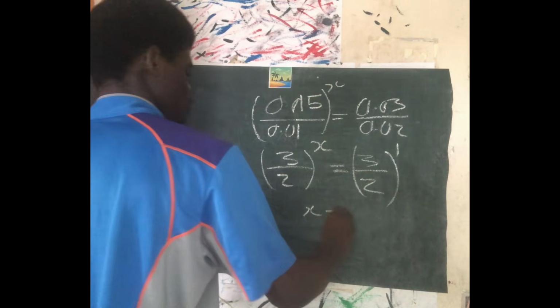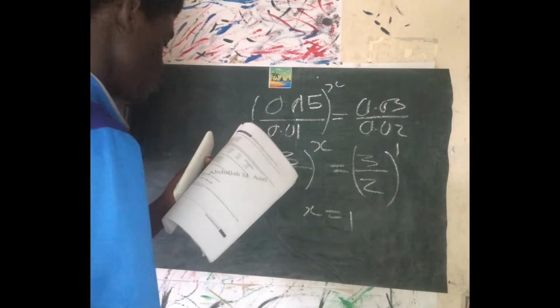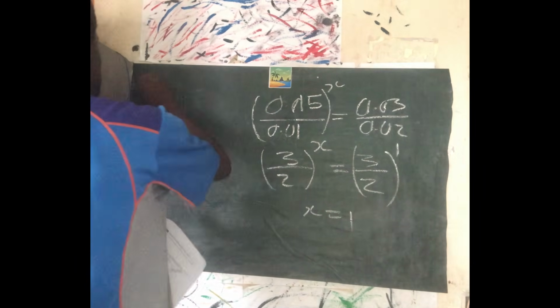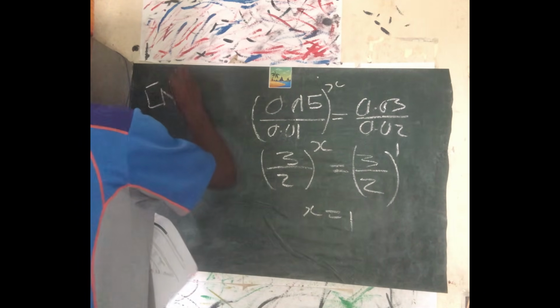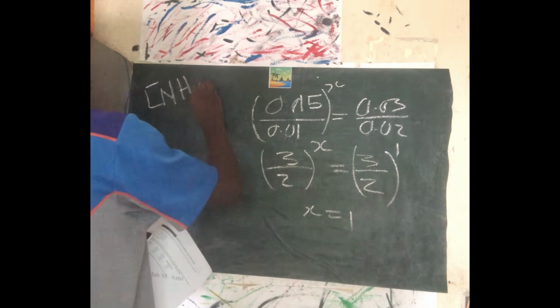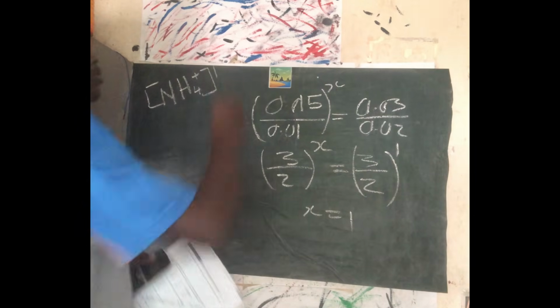That means x is equal to 1. Now the order of reaction for NH4 plus will be 1.